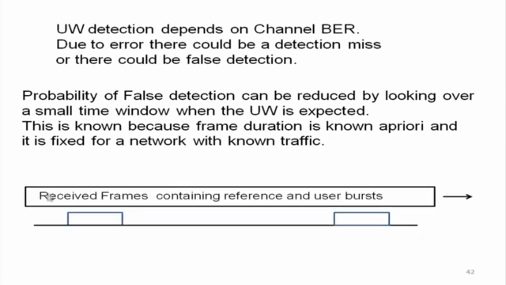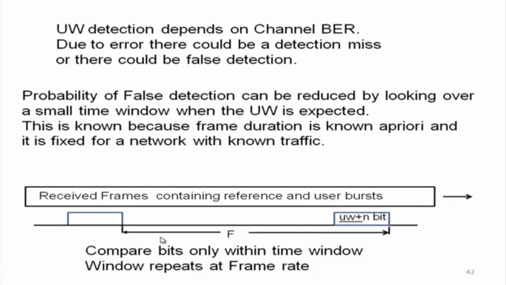So, let us put it pictorially: received frames containing the reference burst and the user burst go through shift registers, and unique word windows are generated. Let us say you get a unique word in this window. After a frame time minus the unique word size, or a slightly larger size, because there may be some error in your clock, so better to put an extra n bits over that.